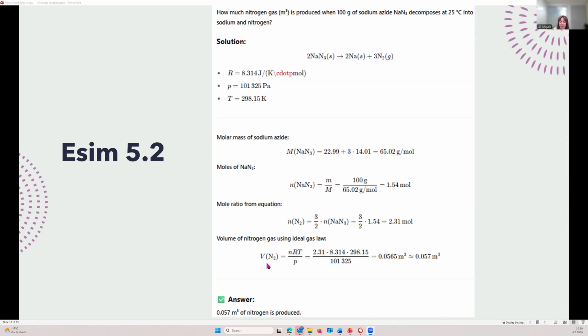And then again, it seems like I was interested in the volume, which is many times the case when some gas is being produced. This can also be solved using the ideal gas law, which is of course a bit weird always, these ideal gas figures, but many times they are close to reality.